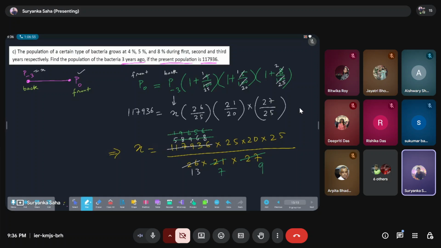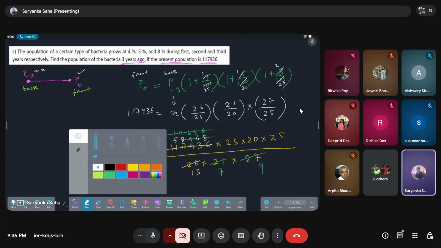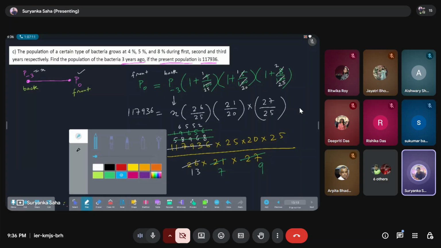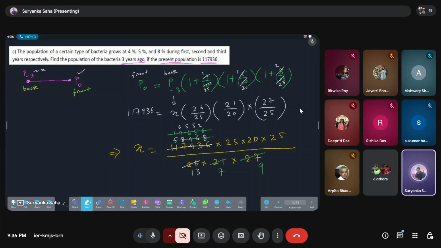Let us do one by one. 3 6s are 18, 3 5s are 15, okay. 3 5s are 15, 3 2s are 6. No more space, you have to come down again with 3. 3 3s are 9, so let me write over here: 3 2s are 6, 3 1s are 3, 3 8s are 24, 3 4s are 12.